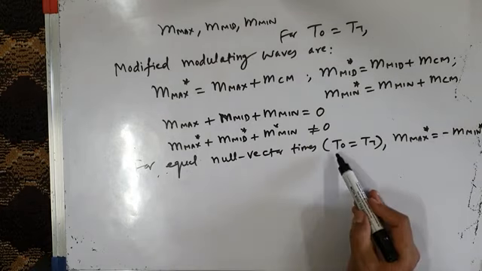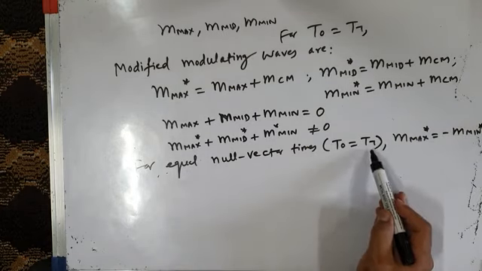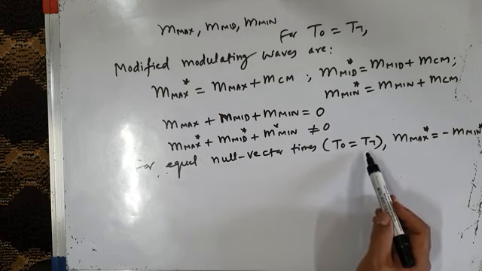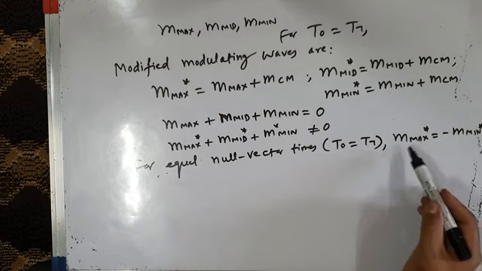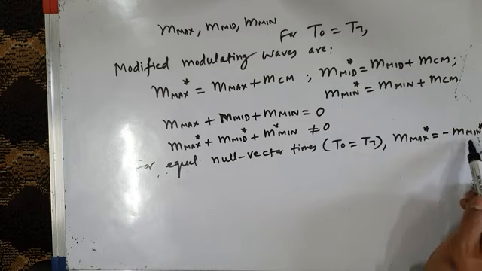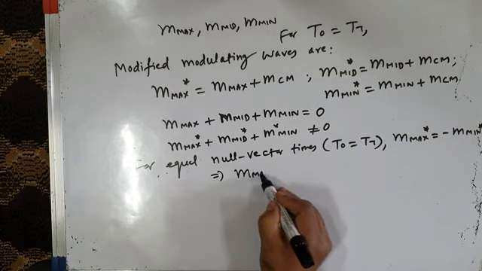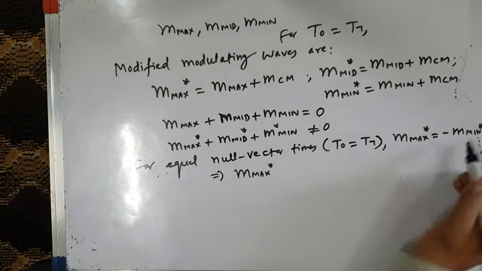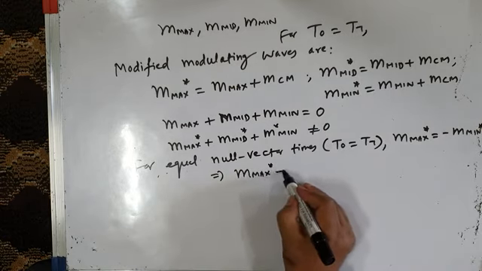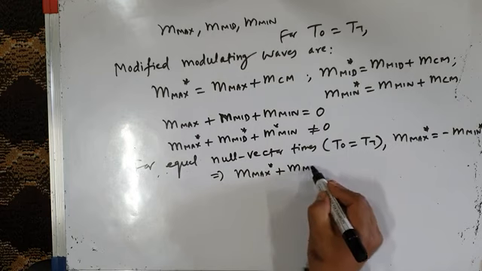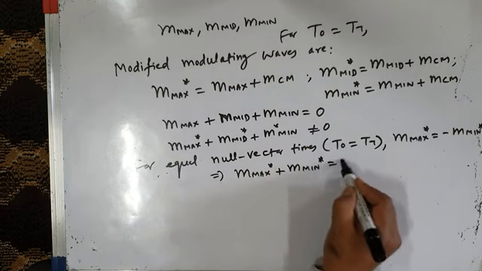If you want that T0 should be exactly equal to T7, that is the null vector times should be equal, then m max star should be equal to minus m min star, which means m max star, take this m min star to the left hand side, plus m min star is equal to 0.